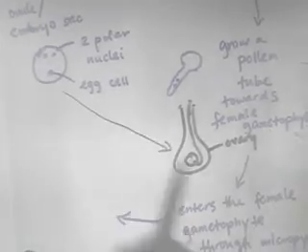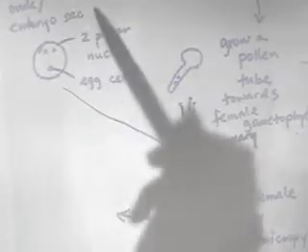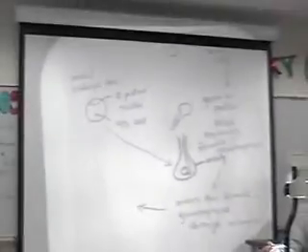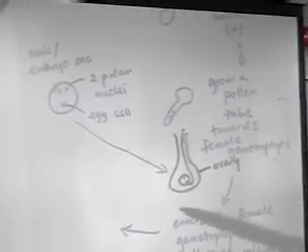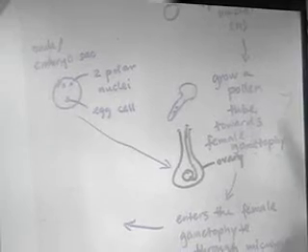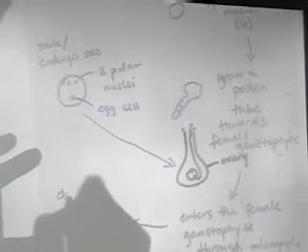So that's right here. This embryo sac is also formed through meiosis within the ovule. So when the pollen grain gets into the embryo sac, you're going to have what we call double fertilization.